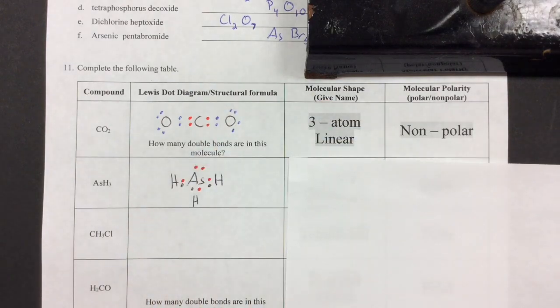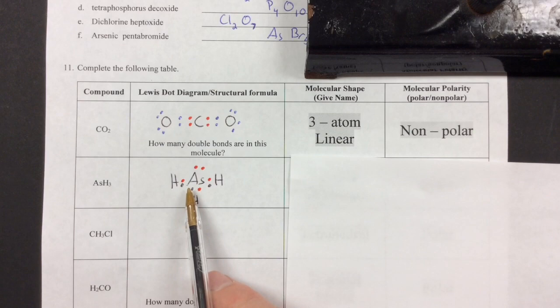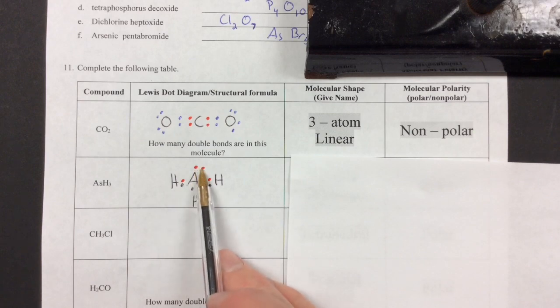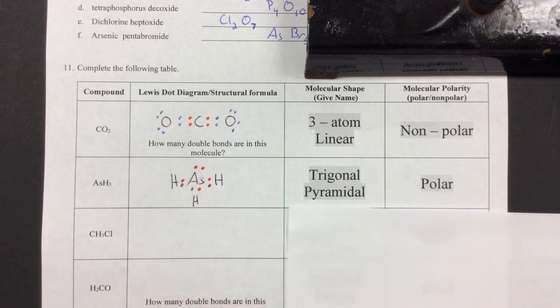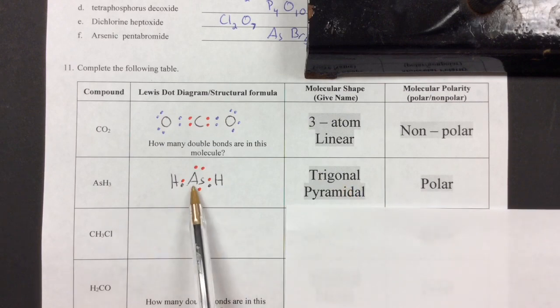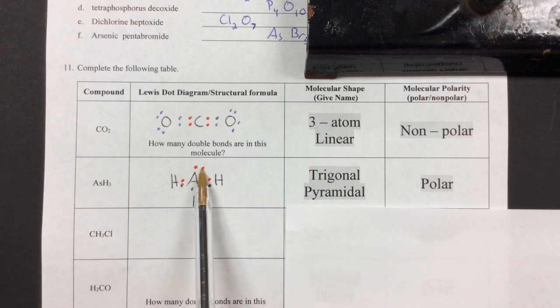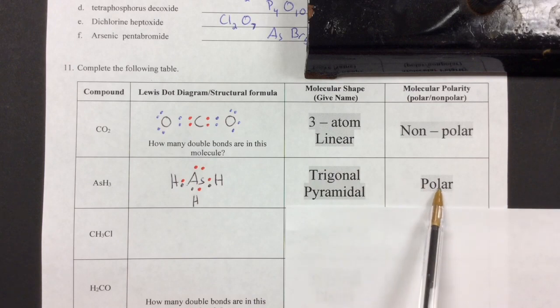If you were to cut this element in half, you'd see that it would not look the same on every single side because there's 2 electrons right here that aren't anywhere else. That's a trigonal pyramidal, and it is polar. A good way to remember this: if I have electrons left over, not bonded to anything on the central atom, the way I say it, if electrons are left over, your shape is polar.